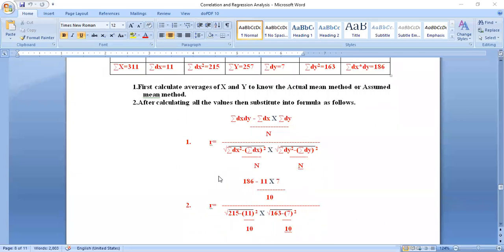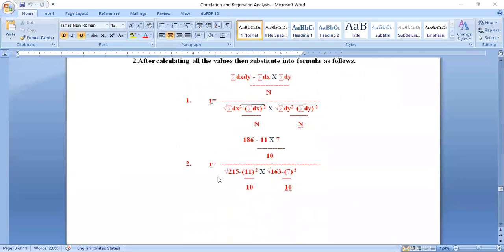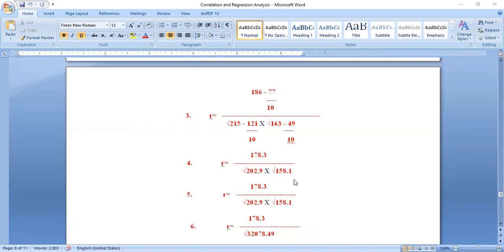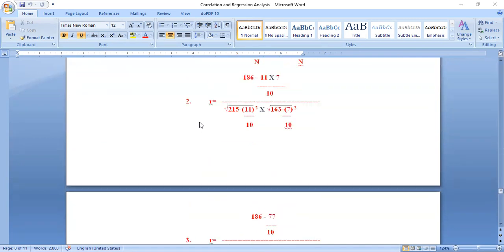The calculation part is done. After calculating all the values, I have done it stepwise. In step number 2, I am simply writing all the values into the formula.